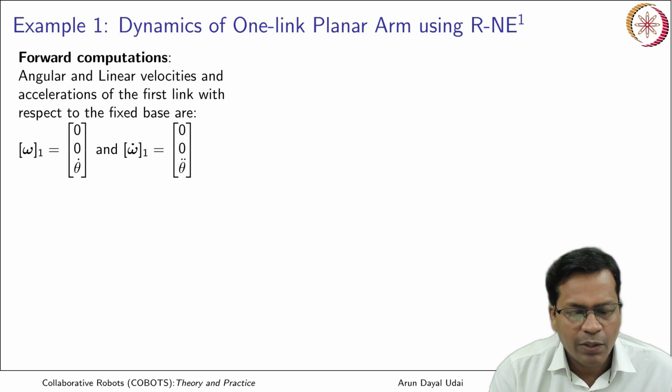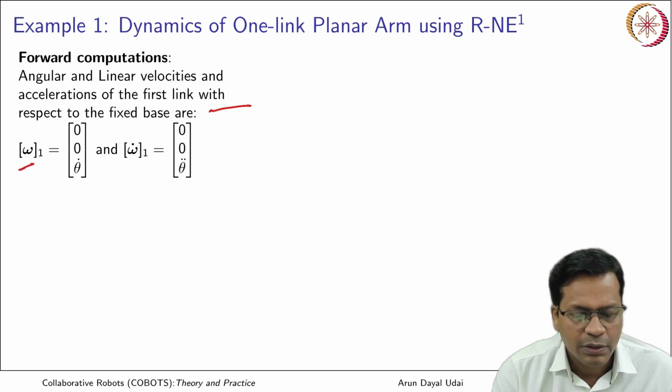Angular and linear velocities and acceleration of the first link with respect to the fixed base: omega 1 is equal to this. It is along the z axis, since all the joint motions are about the z axis.